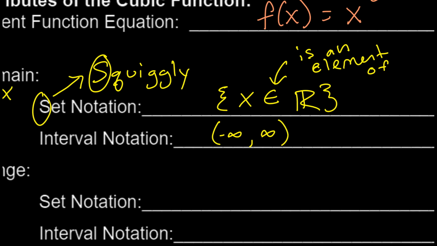We always go blank to blank. Least to greatest. Least to greatest. I have to say that because there are still people in here that are flipping these. They'll put 2 comma negative infinity. Negative infinity is the lowest possible number ever. It should never be on the right. Ever.